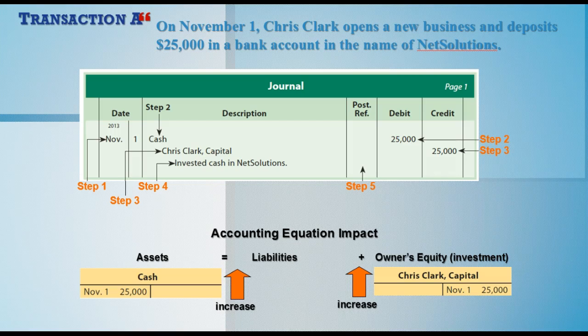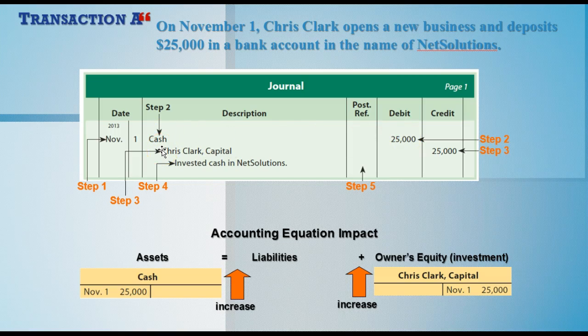Transaction A. Chris starts out his new business and deposits $25,000 in a bank account for them. So here you've got a journal. Step 1, you put in the date. Step 2, you write out the account. And what did I tell you about a cash account? It always has a debit balance, so you're going to debit to increase it.